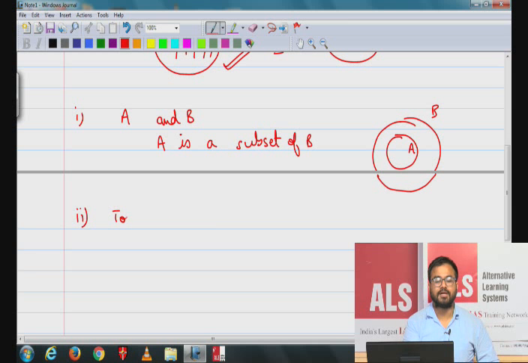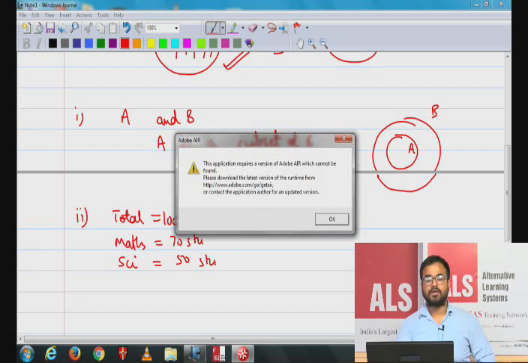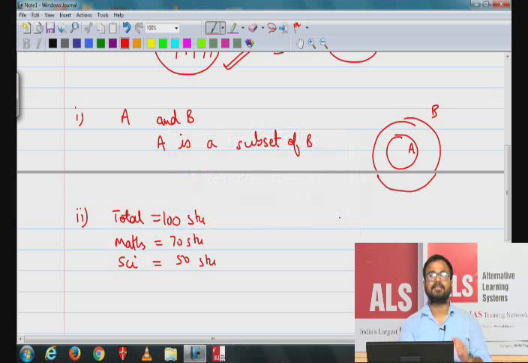Now, if we add 70 plus 50, it will exceed the total number of students. So how is this possible? This is only possible when there are some persons who are studying both the subjects.